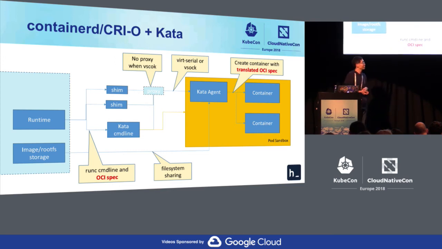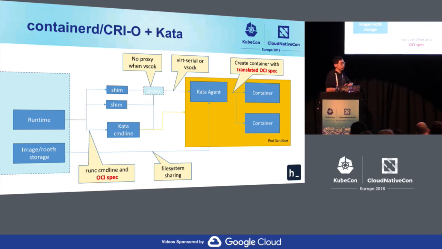Because it's a serial port, it's not a socket, so we need a proxy to do the multiplexing to support multiple connections from the runtime and the shim to send commands to the agent inside.